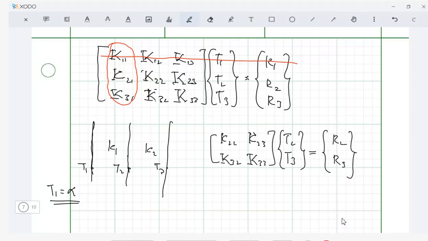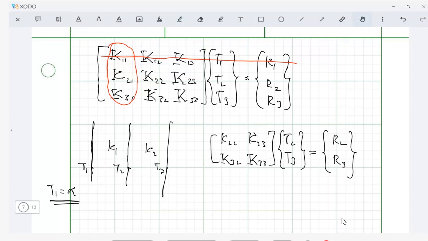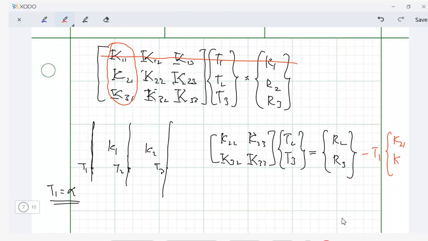Now, because I eliminate the first equation, I need to do something: because this is on your left-hand side, I need to bring it to the right-hand side, which is now minus T1 times K21 and K31.